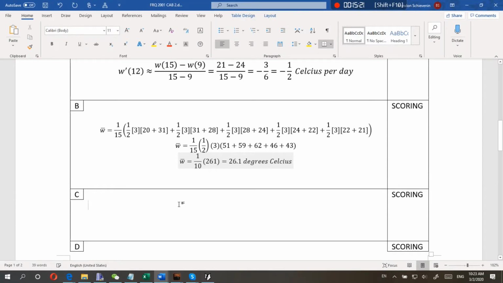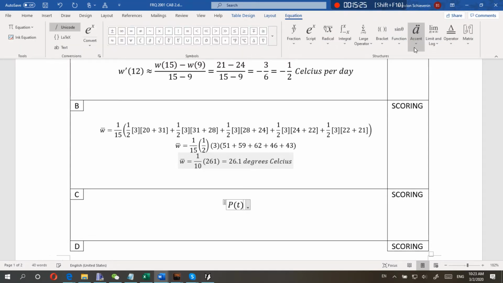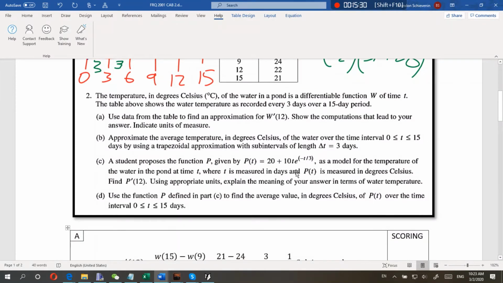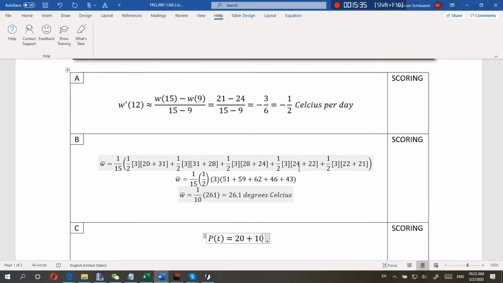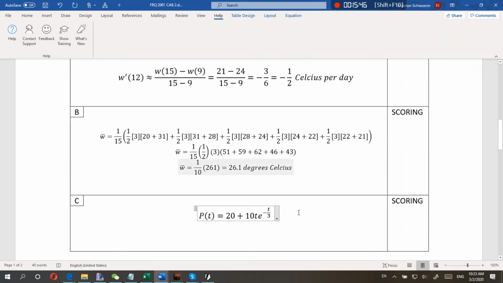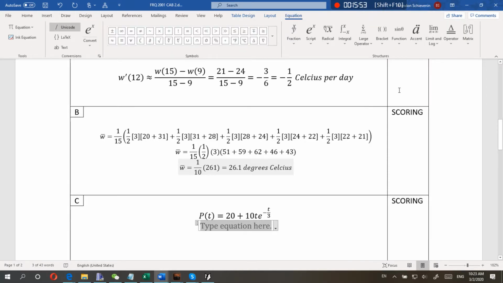So let me copy P really quick. We were given that P of t is equal to 20 plus 10t e to the negative t over 3. Okay. I think we're back to Oliver.